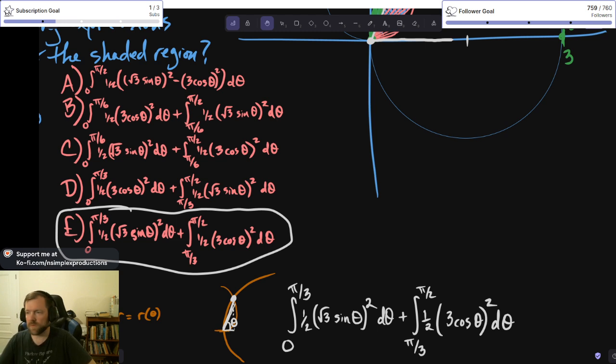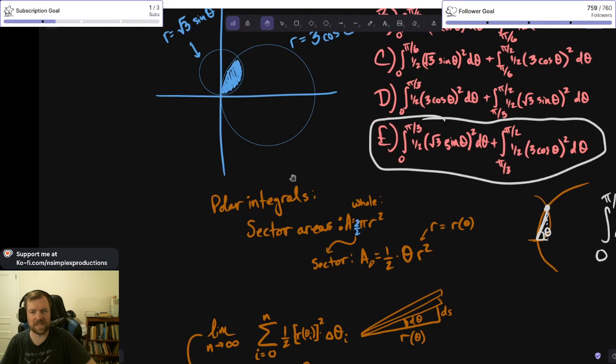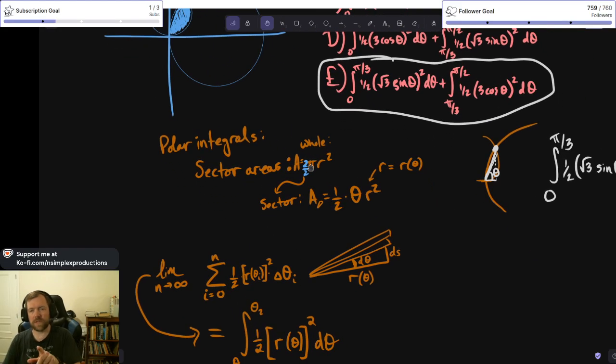So the square part comes, I'm on the wrong mouse. The square part comes from the areas of sectors. So if you think about it in terms of the area of a circle, it's pi r squared, or a half of 2 pi r squared, 2 pi being the full angle to get you the circle.